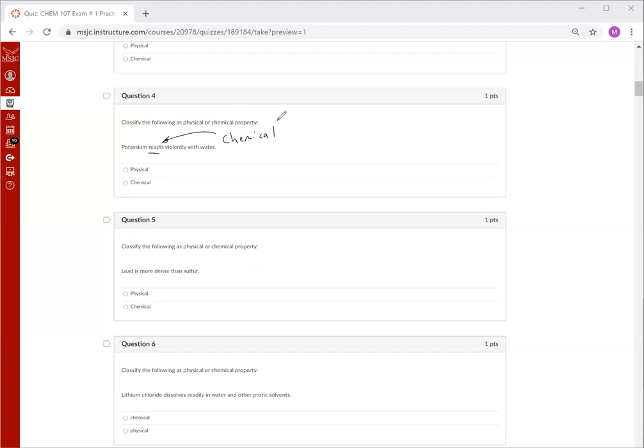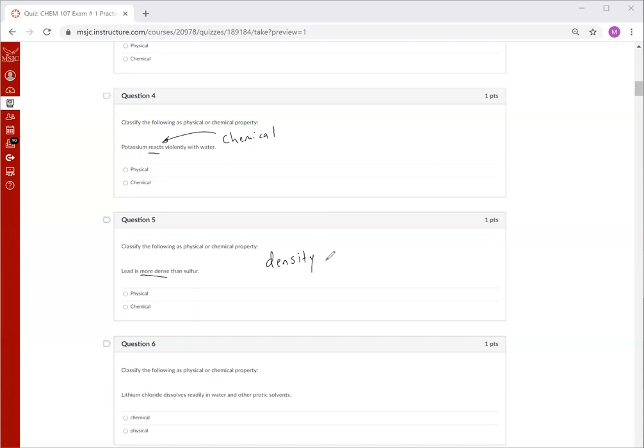Lead is more dense than sulfur, so density. Physical. Yes, it's physical. The reason for that is we can observe density without changing the chemical composition of the matter that we're observing. You can measure the mass and volume of a sample without changing its chemical identity.